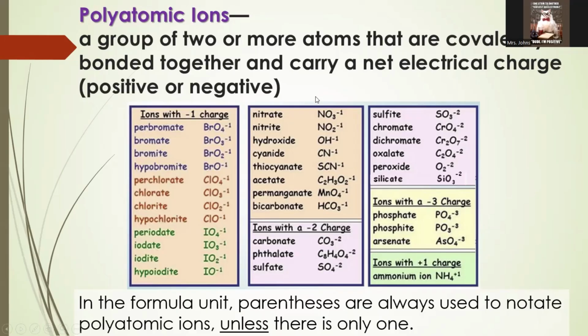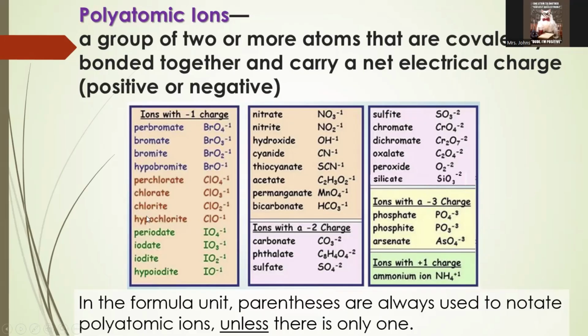With the exception of one of them, they're all negative. Over here in the bottom right-hand corner is the ammonium ion, NH4, and it's the only one on this chart that has a positive charge. So see, it's +1. All the rest of them are negative.